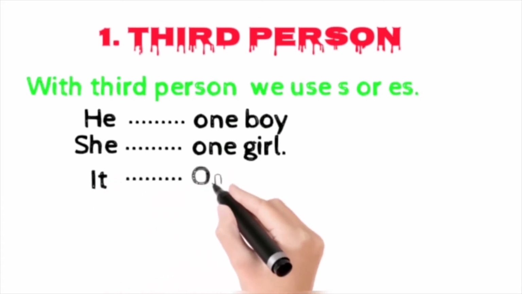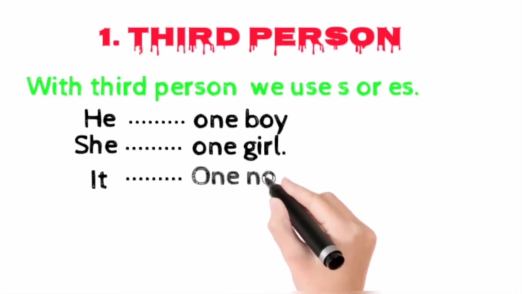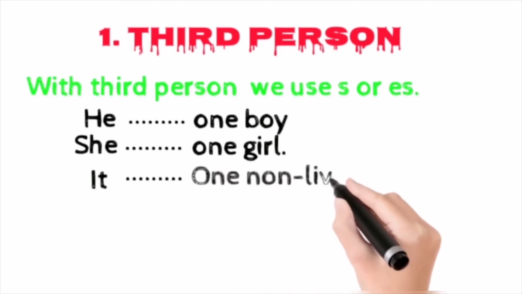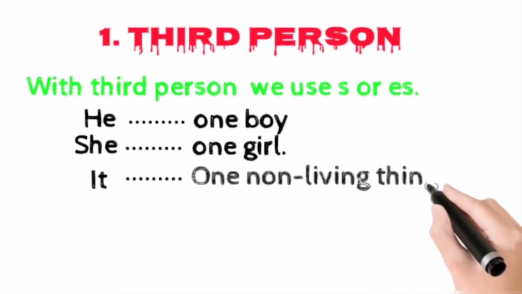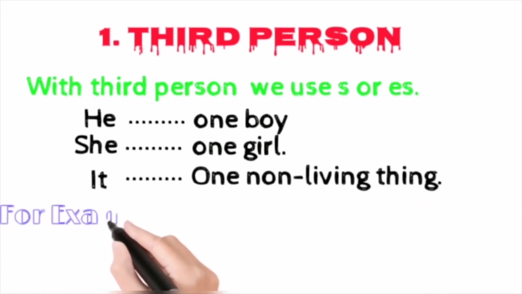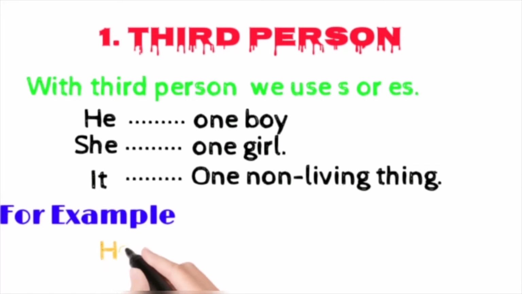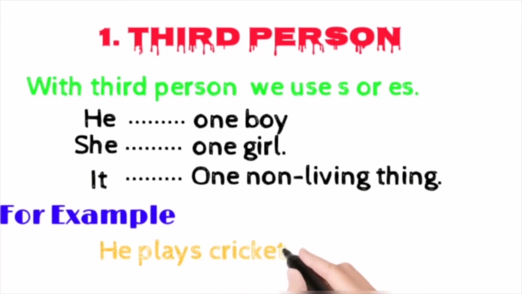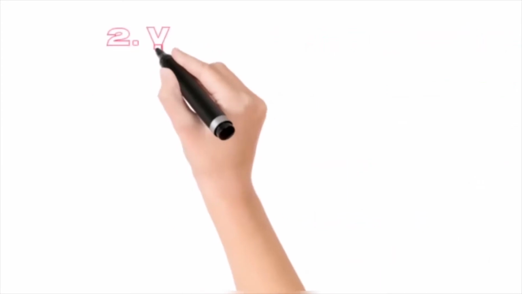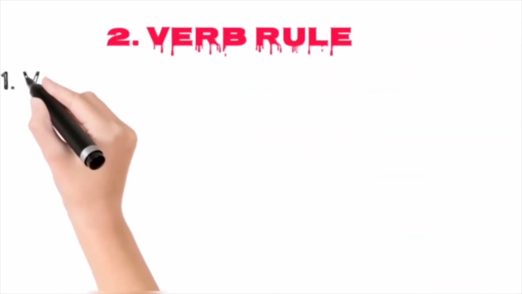It means one non-living thing or an animal or an insect. For example, he plays. Here s comes with play because he is third person. So he plays cricket.